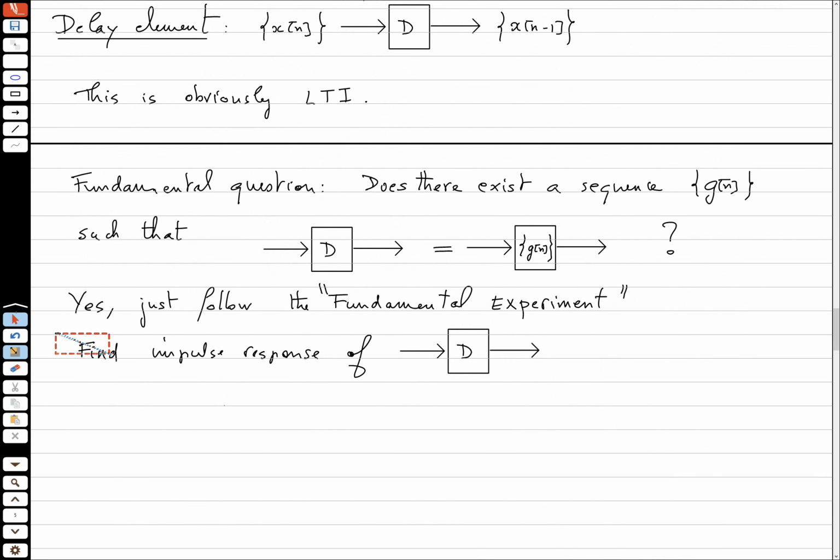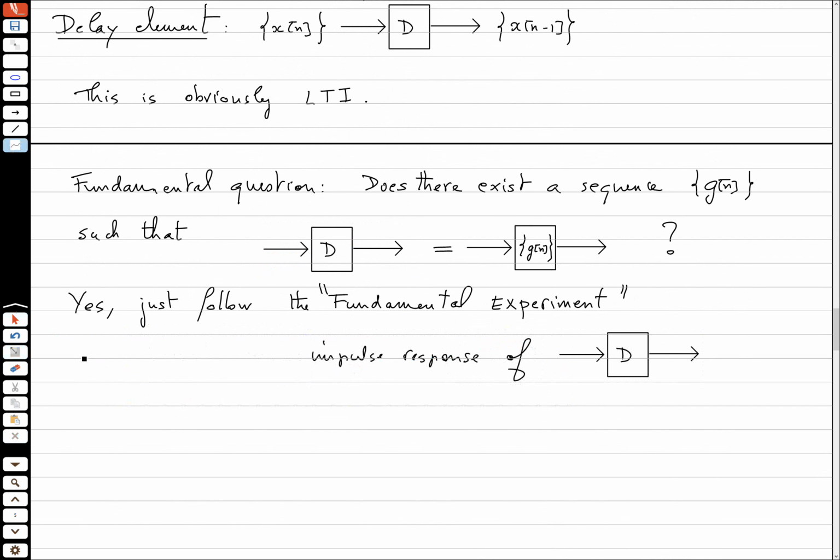Take g of n equal to the impulse response of this.